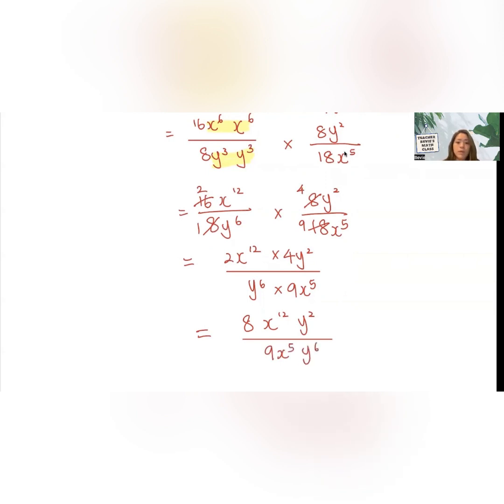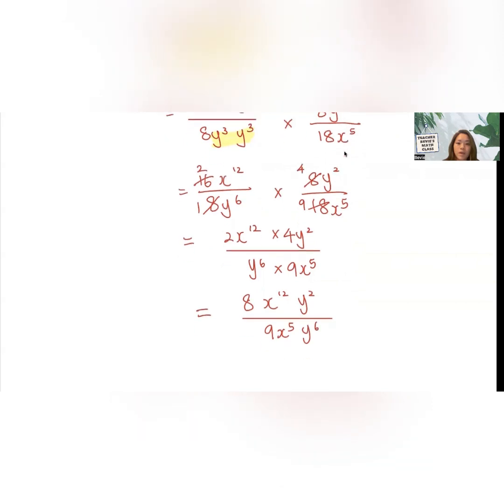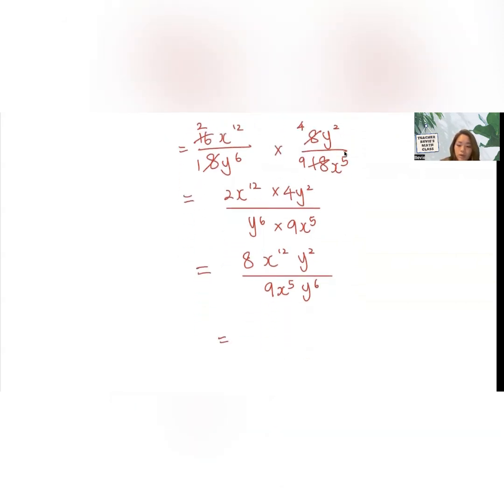Okay, so for the whole numbers, there is nothing for me to simplify further, but for the indices, over here, x^12 and x^5, I'll be using this law of a^x divided by a^y gives me a^(x-y). So 8x^(12 minus 5), that is a 7, over y^(2 minus 6), that gives me a minus 4. And then I have a 9 at the bottom as the denominator.